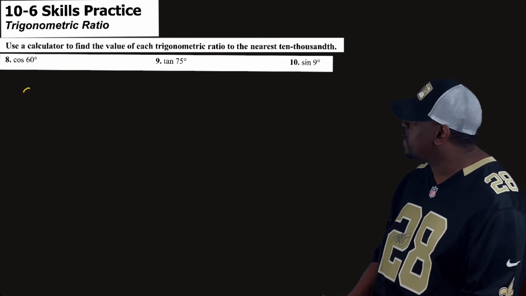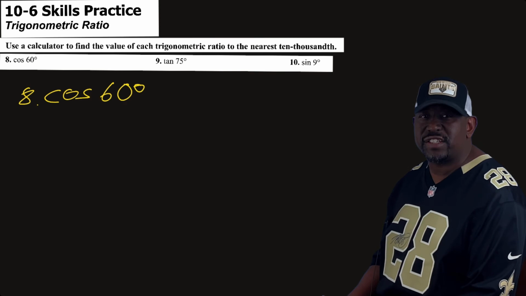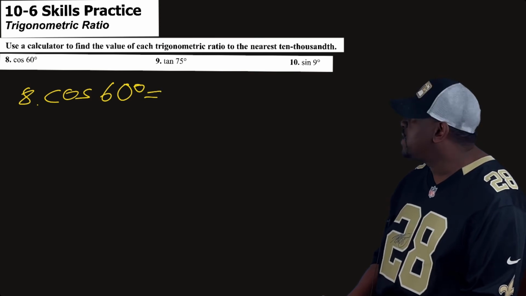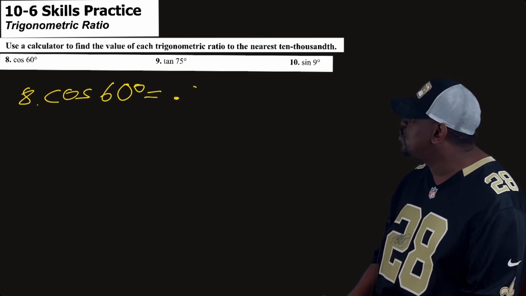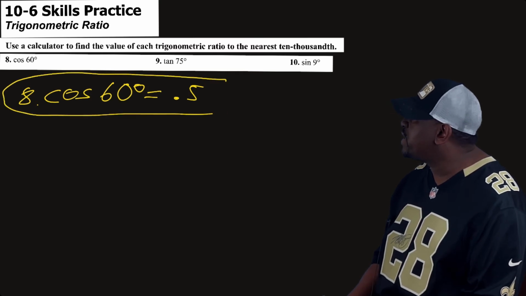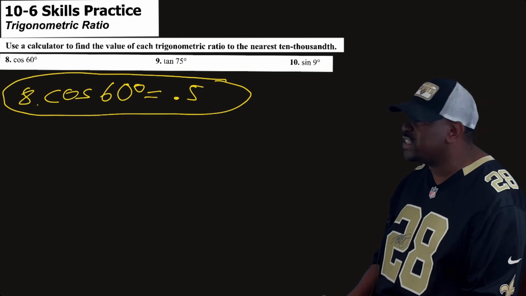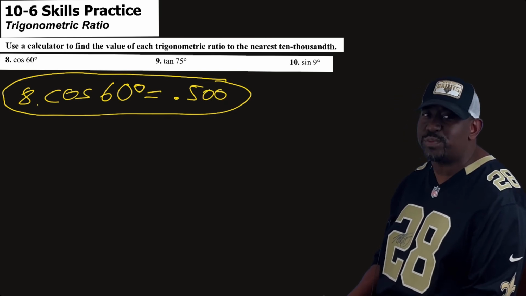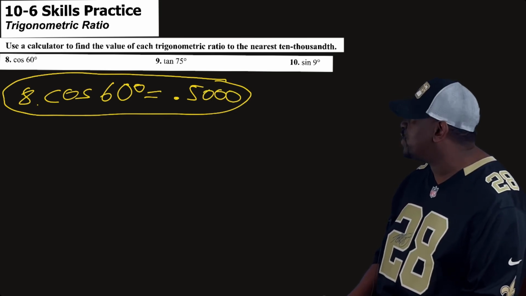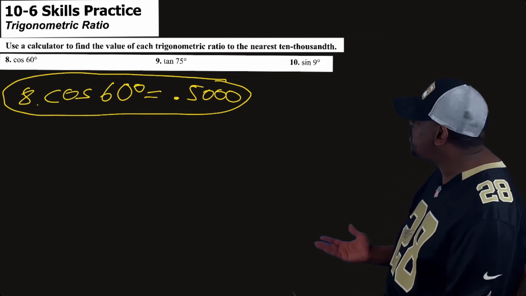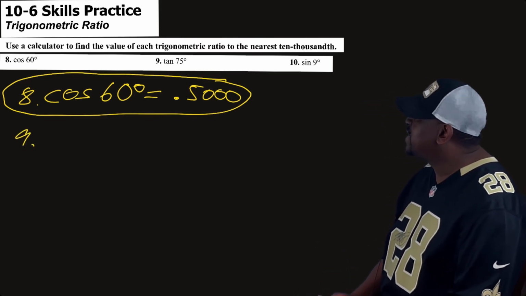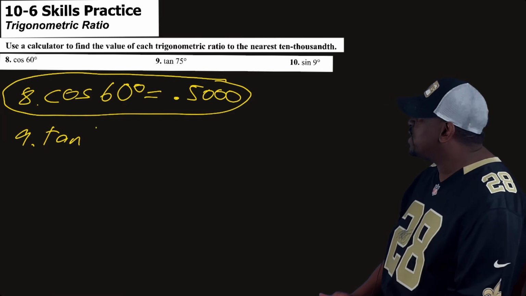Cosine of 60 degrees, you plug that in, and you will get a value of 0.5. So there's nothing to round there. If you wanted to round it to the nearest ten-thousandth, you just put 0.5000, as the NOLA Mathman just indicated, because zeros don't change the value.